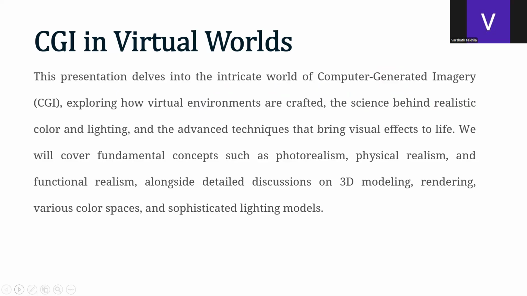These aren't static backdrops. They are interactive, dynamic environments that respond to the user or character's movement, especially important in games and simulations. Mastering CGI means understanding how light, surface, color, and physics work together to form believable visuals.